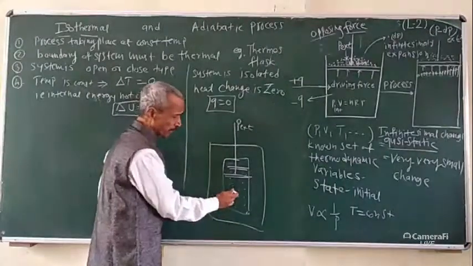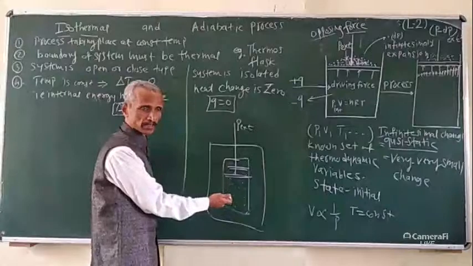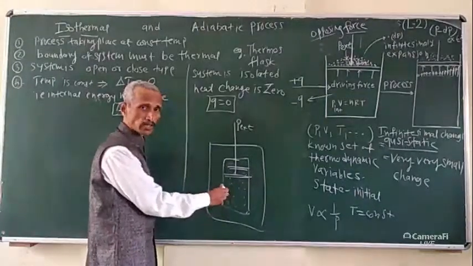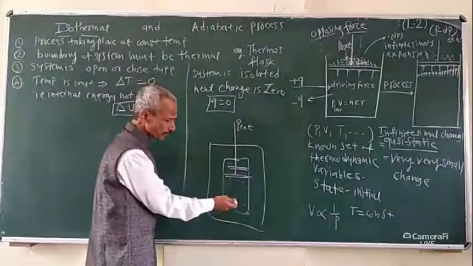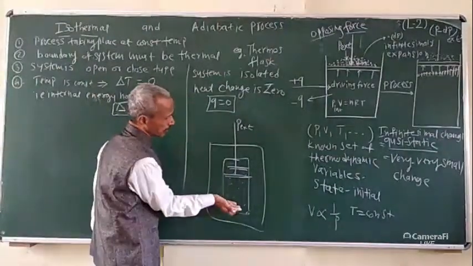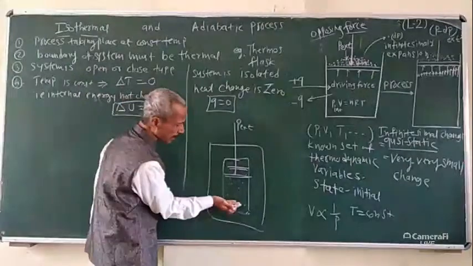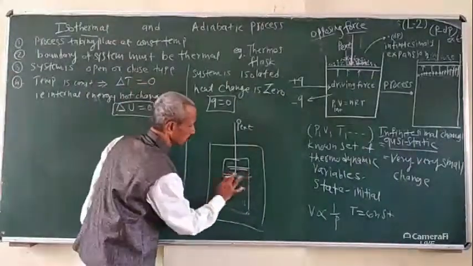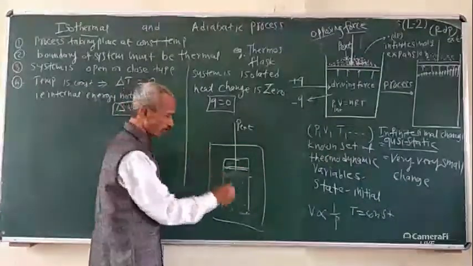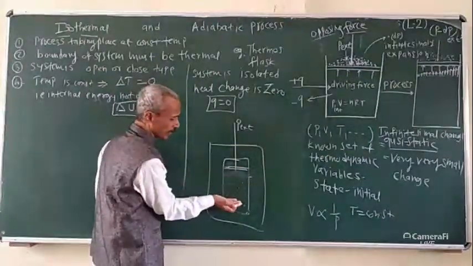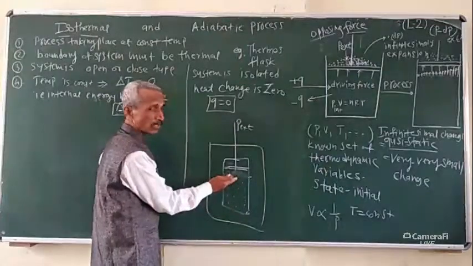When an exothermic reaction takes place, old bonds break and new bonds are formed, and the energy evolved is part of the internal energy. This internal energy is utilized to push the piston, so the internal energy is used to do work.